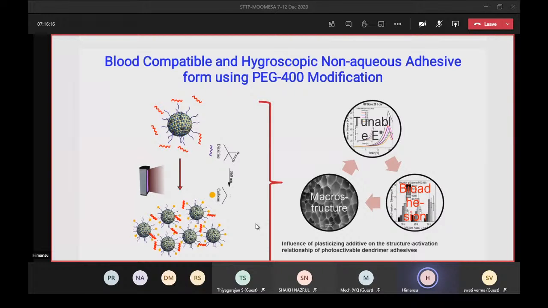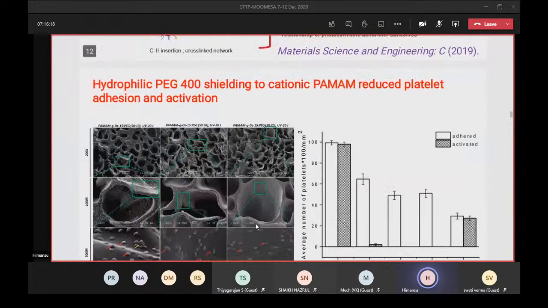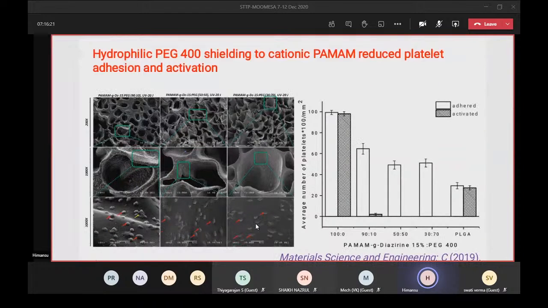So if you see here, the hydrophilic PEG 400 could shield the cationic PAMAM. PAMAM has amine groups, and the amine groups always have positive charge, so PAMAM has a lot of positive charge. That is what we are trying to avoid.